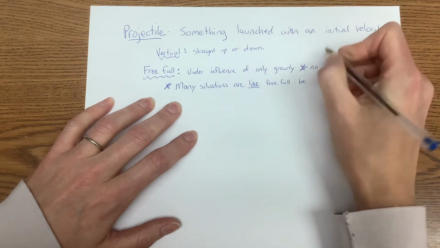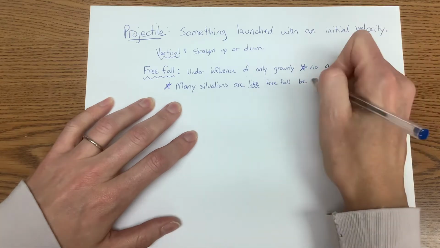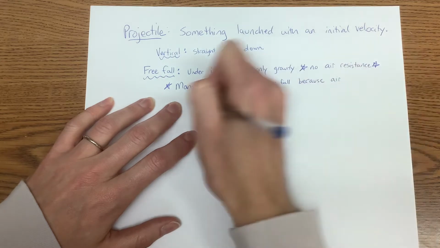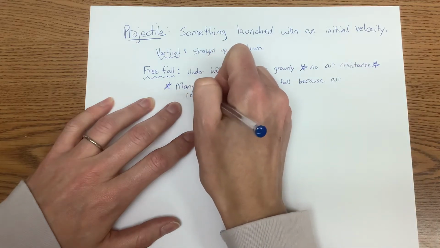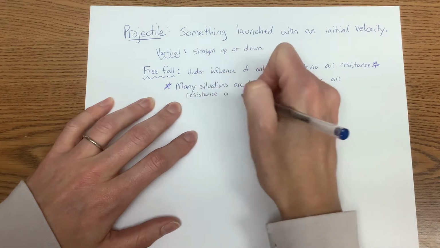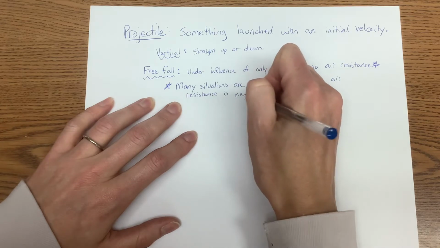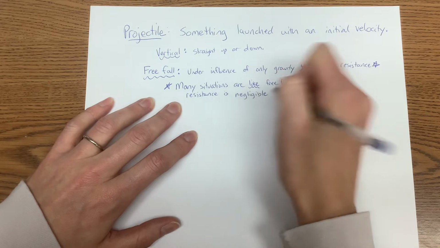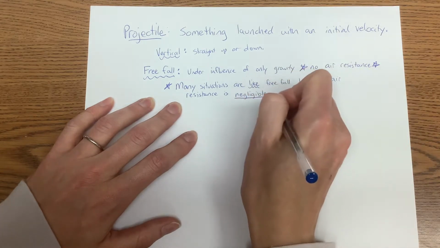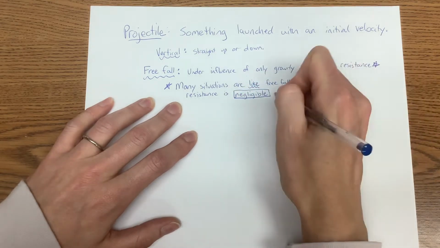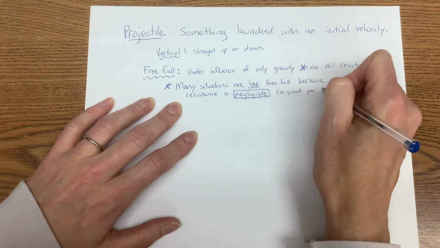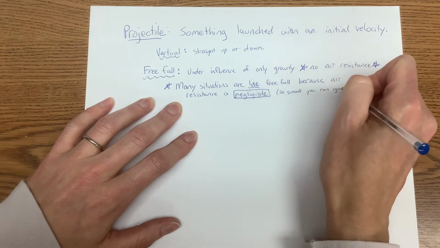And here's your new makeshift vocabulary word, we should have put this in the vocab words: air resistance is negligible. It's even fun to say, negligible. Negligible means it is so small you can ignore it, okay?